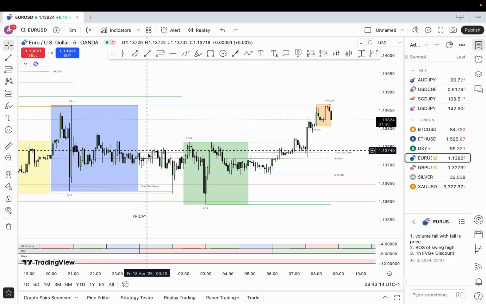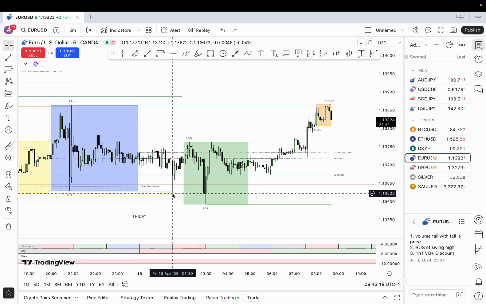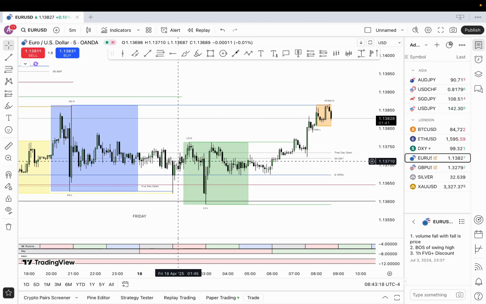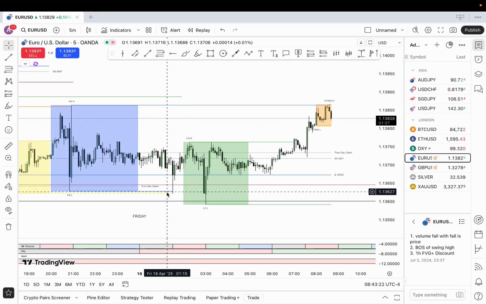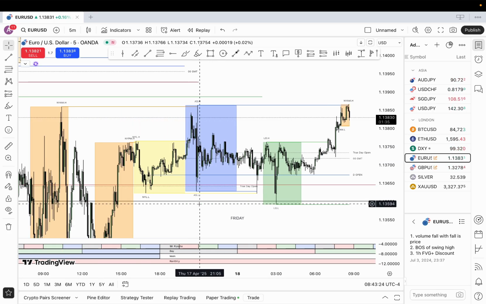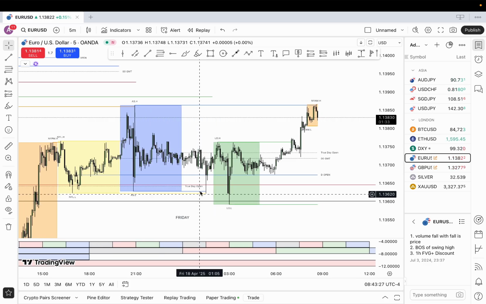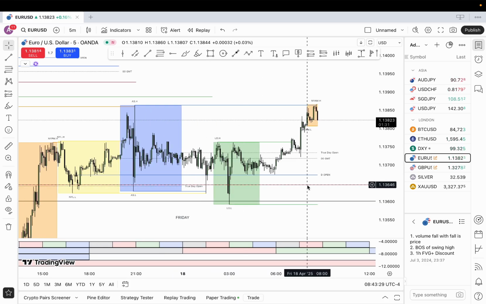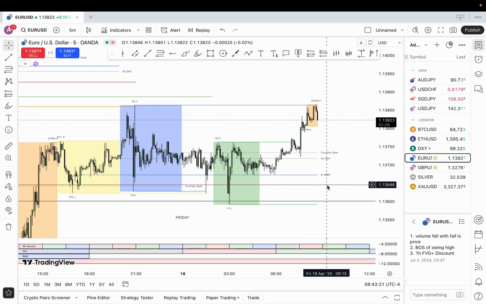So my first confirmation is that this was a liquidity sweep. All the smart money traders who were trapped over here, who entered over here, their SLs hit. Then we had price dropping below the opening price of the previous candle, which was our precision swing point.